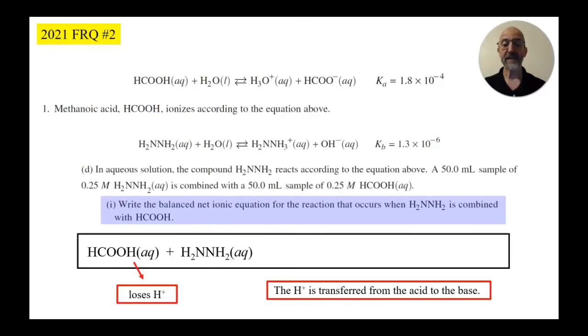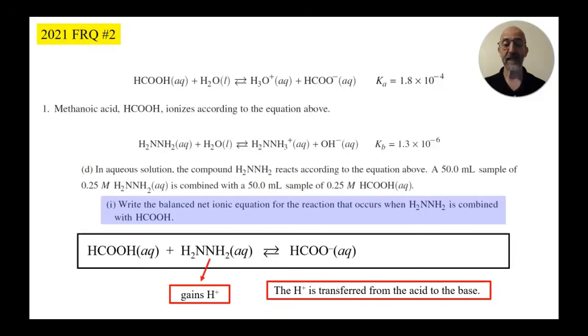So the HCOOH loses H+, and so I will show on the other side of the equation the HCOO- ion. So again, don't forget to include the charges on the ions. And then the other molecule, the weak base, is going to gain H+, and it's going to be right there on that nitrogen, so you can see that would be H2NNH3+.